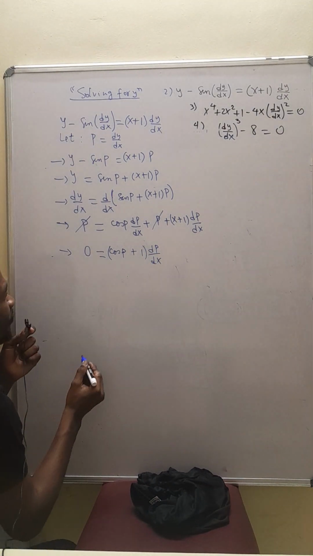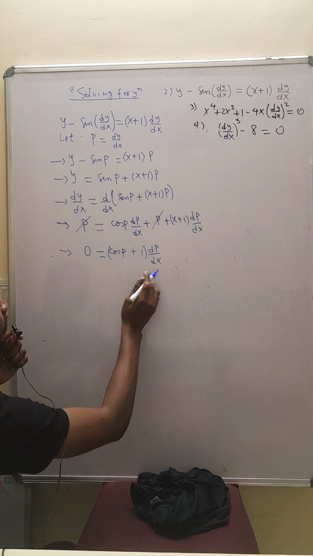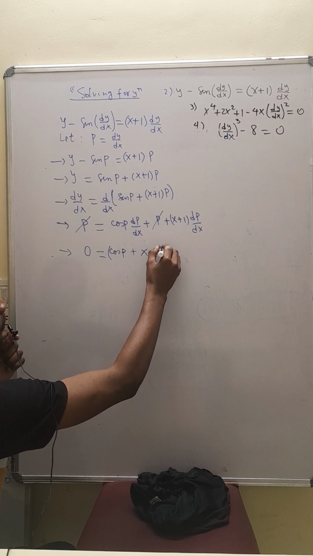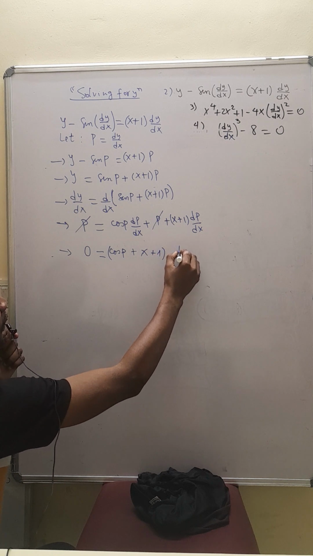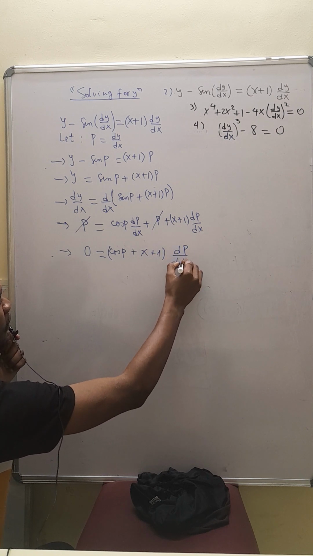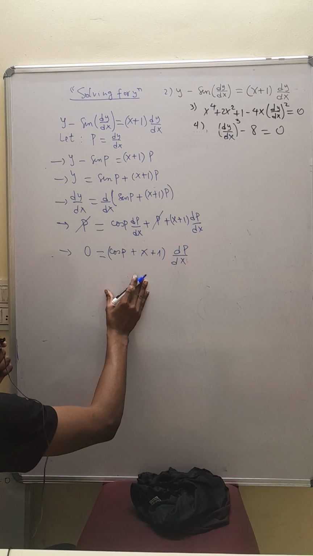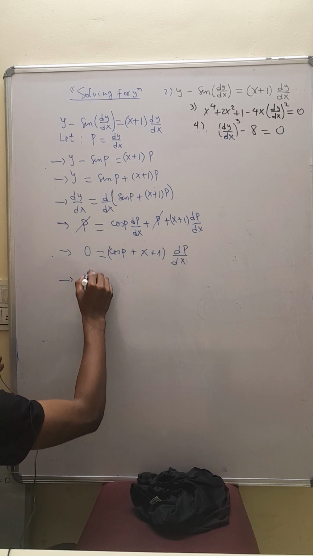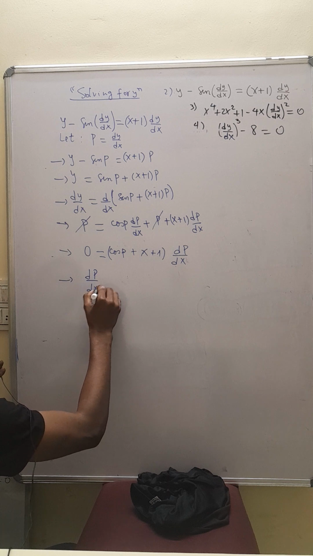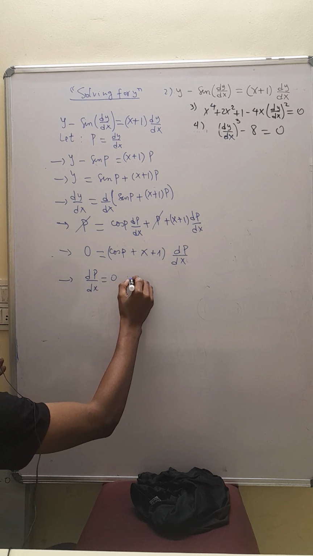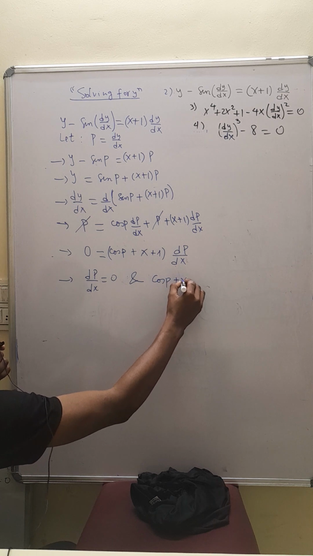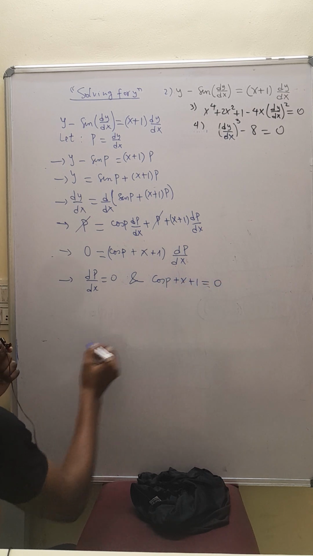Sorry, it is cos p plus (x plus 1) times dp dx. Now what's the next step? The next step is to make it equal to 0: dp by dx is 0, or cos p plus x plus 1 is 0.